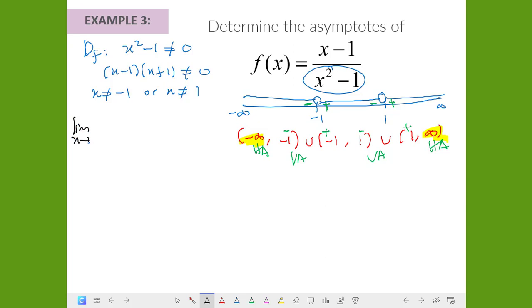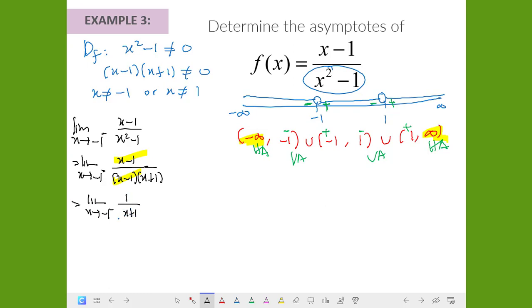Limit as x approaches negative 1 from the left of (x minus 1) over (x squared minus 1). Factorize: (x minus 1) over (x minus 1)(x plus 1), and then this one can be cancelled. So you have only 1 over x plus 1.